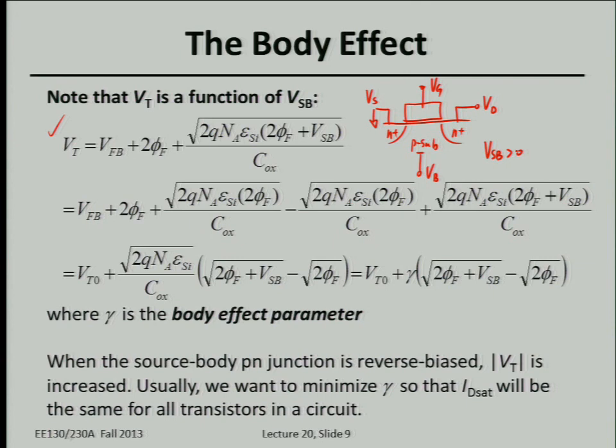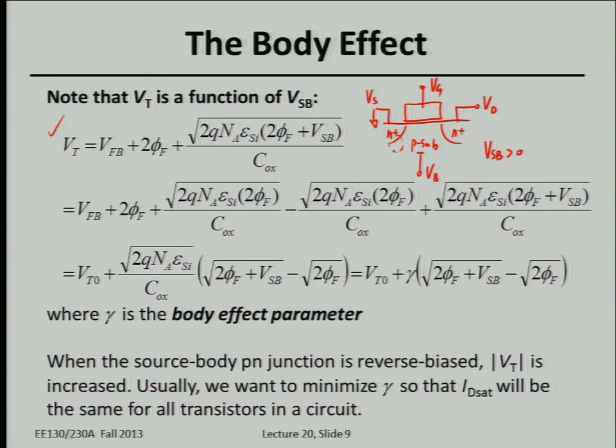That means if you look at the PN junction between the source and the substrate, you're going to reverse bias the PN junction.